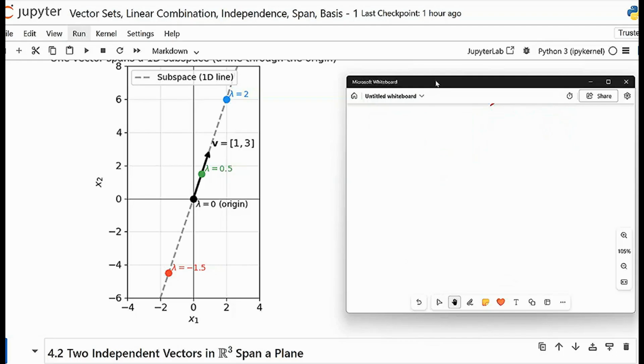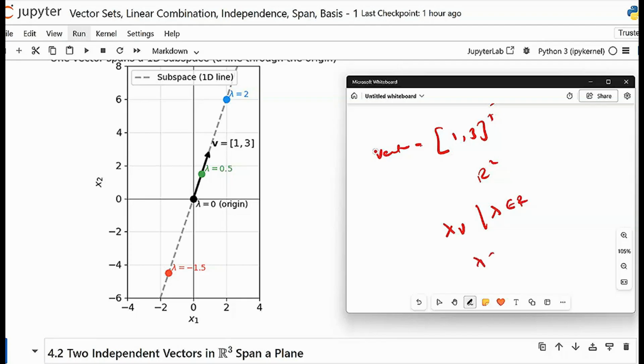So kindly just observe, dear friends, here if we have that exact single vector v = (1, 3) transpose, it spans a one-dimensional subspace, that is an infinite line through the origin in R2. Every point of this dashed gray line is lambda v for some lambda that belongs to the real values.